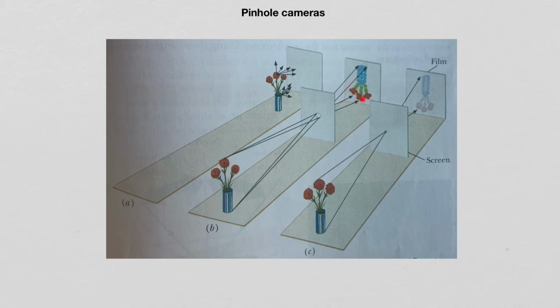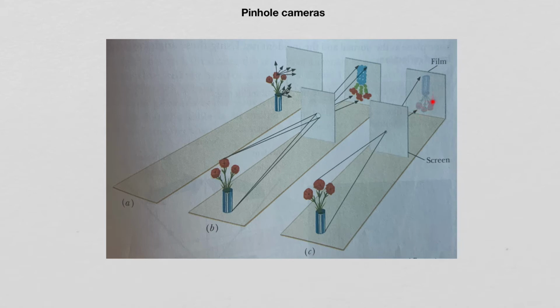Now notice that this image here is not very refined, and that is because of the size of the pinhole. As a matter of fact, this is not really a pinhole, it's a larger hole. So if the size of this hole is reduced to a pinhole, so a tiny hole, like this one, then that is going to even further reduce the number of light rays that can pass through that hole, which then is going to create a more refined image on the film, but at the expense of contrast.